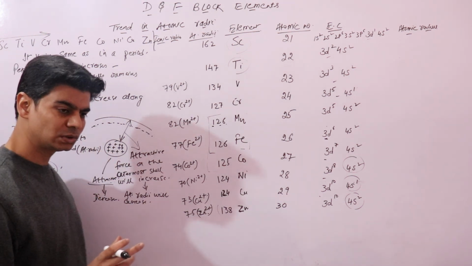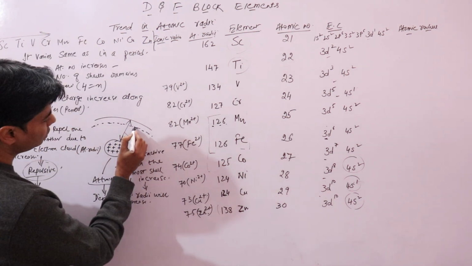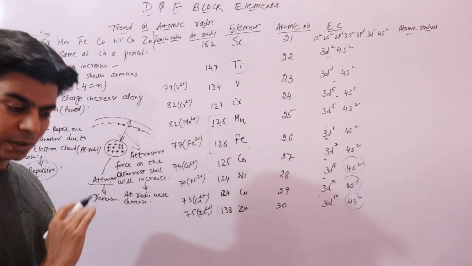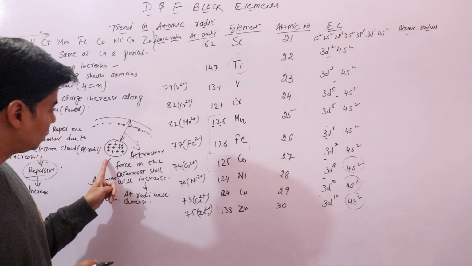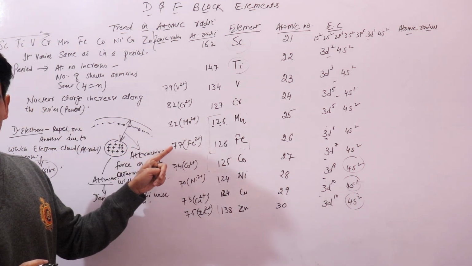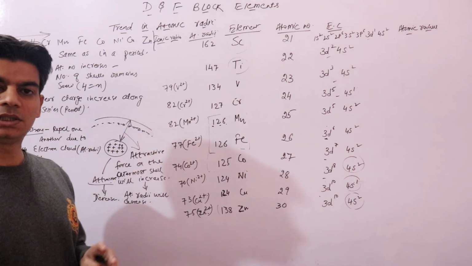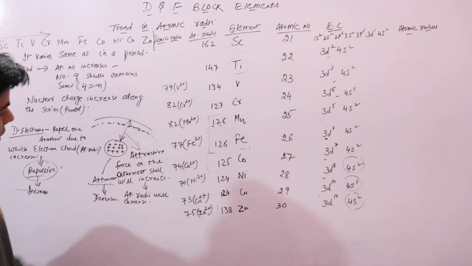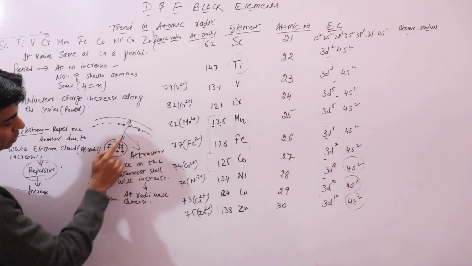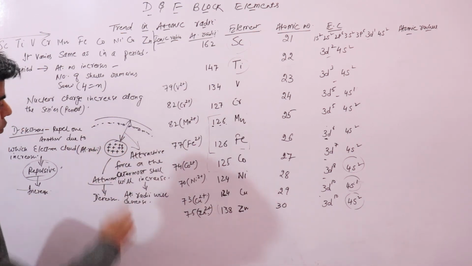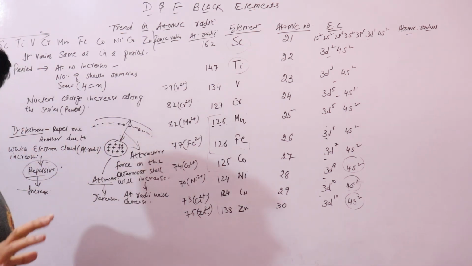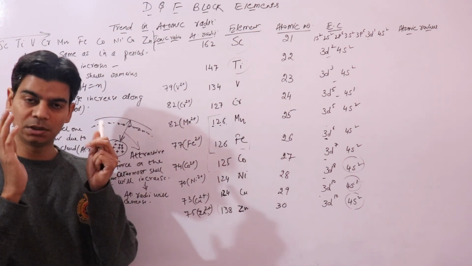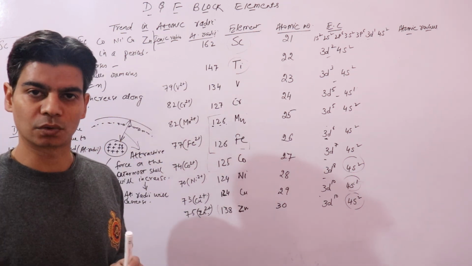So what these d electrons are basically doing, when the d electrons are increasing, they are acting as a shield between this nucleus and the outermost shell, right? And this we know is the shielding or the screening effect of electrons, right? These d electrons are shielding the outermost electrons from the nucleus. The outermost electrons are getting shielded from the nucleus due to the electronic repulsion between the d electrons, right?